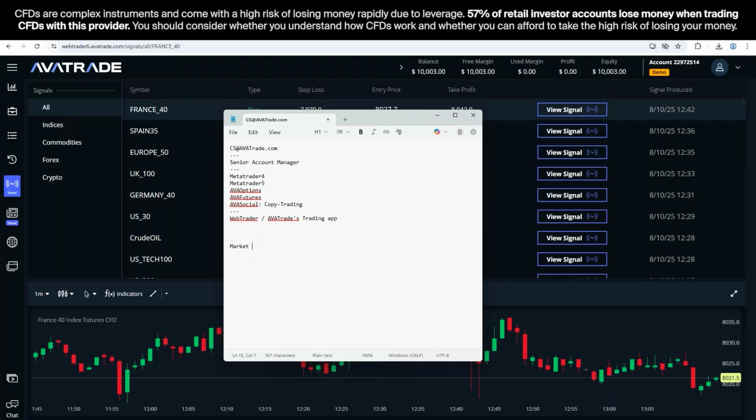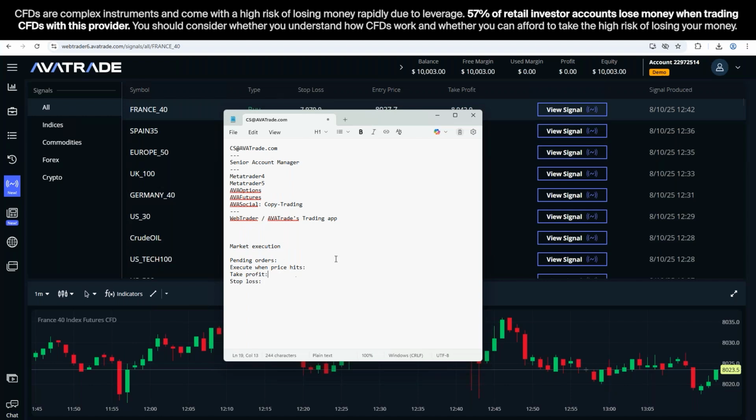We've got market execution, and we've got pending orders. When we open a position, it doesn't matter if it's a buy or sell, we've got 3 pending orders: execute when price hits, take profit, and stop loss.